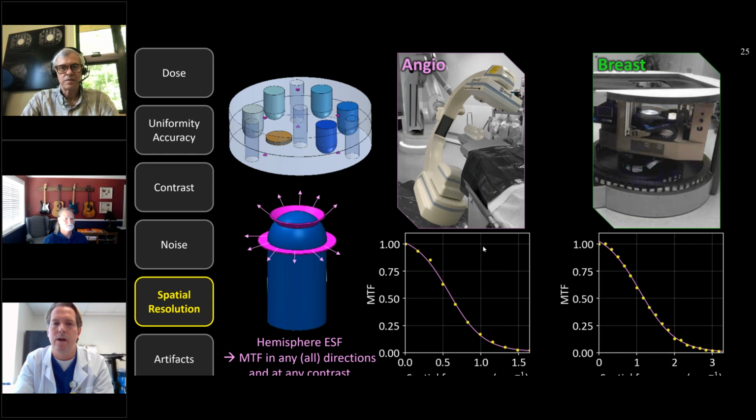And this shows you a couple of systems where, actually here I think I'm showing the MTF at 45 degrees. So it's a nice simple characterization of the overall resolution of these systems. Here for an angio system, here for a higher resolution system. This is the breast scanner, and you know it's higher resolution because its MTF is higher out to a higher spatial frequency, about double the resolution of this system.